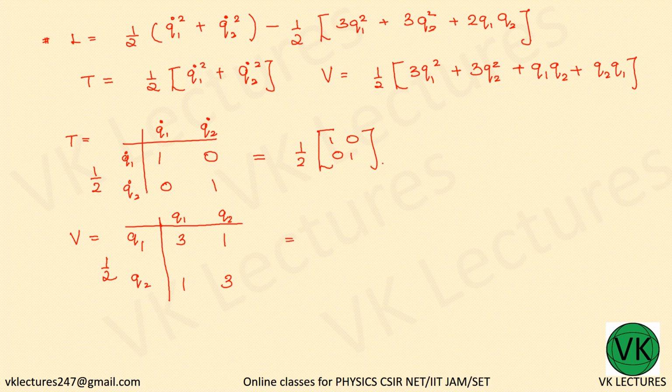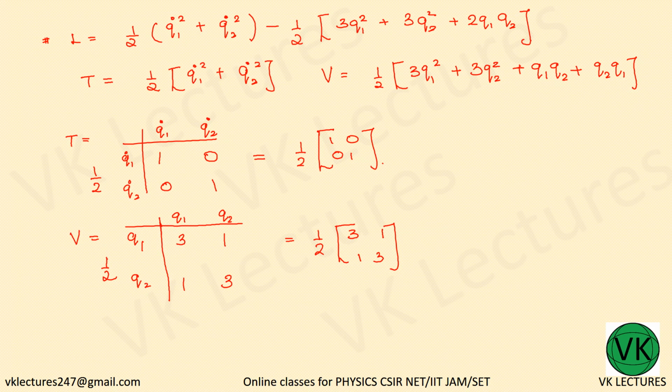So the potential is equal to half times 3 1 1 3. So that's again two matrices.